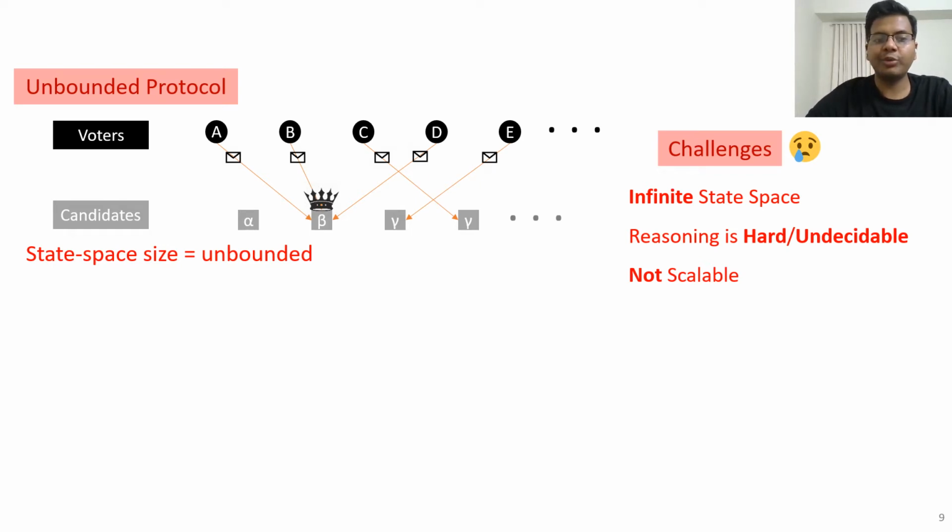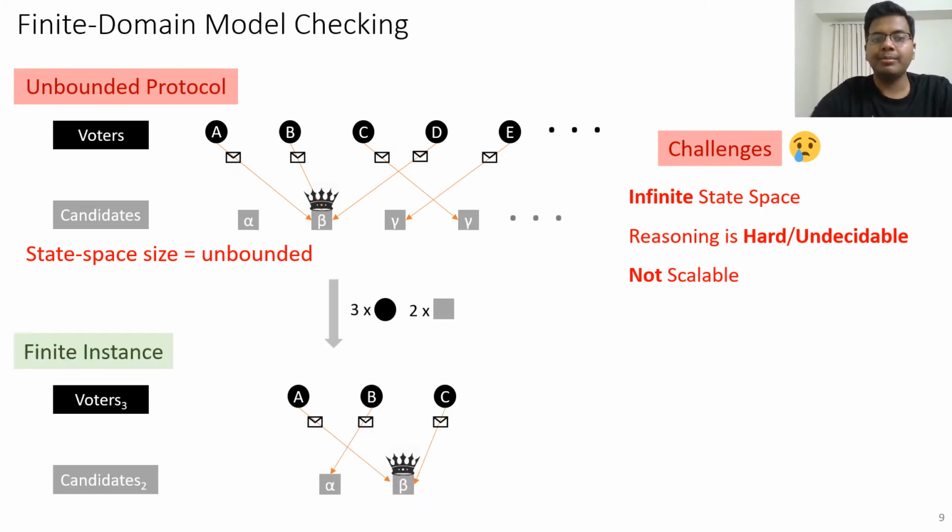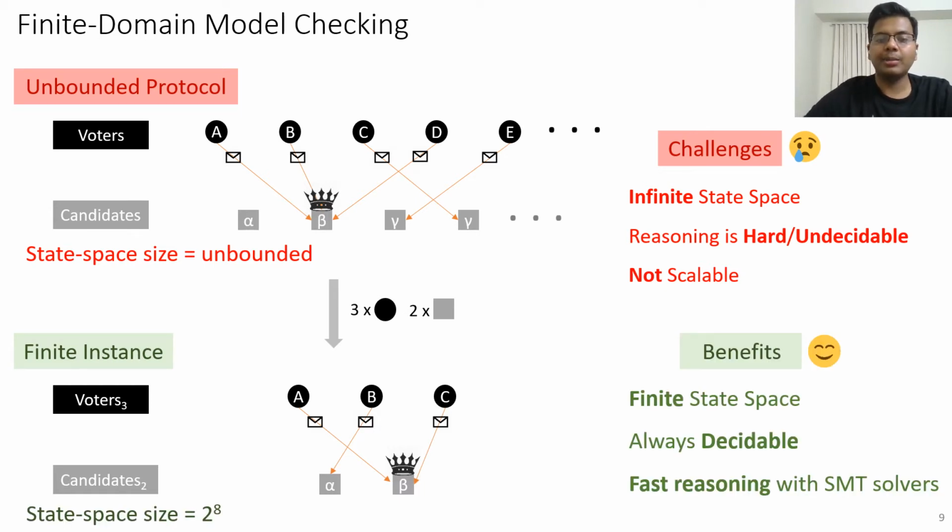That is exactly why IC3PO performs model checking on protocol instances of a finite size, by restricting each protocol object, like voters and candidates here, to a finite set, like 3 voters and 2 candidates. And the benefit we get is that the state space is now finite and quite small. Finite domain model checking is always decidable, and we enjoy the benefits of fast SMT reasoning.